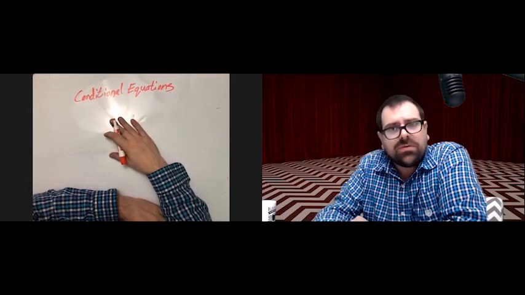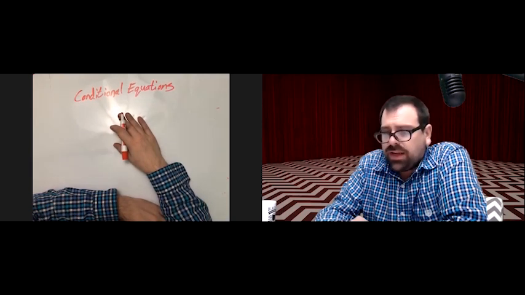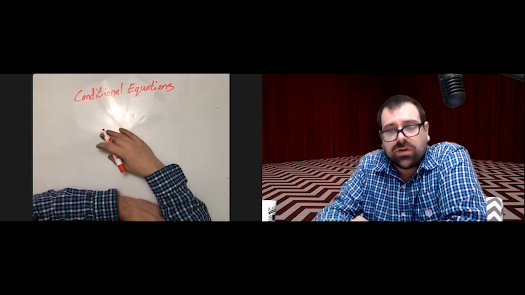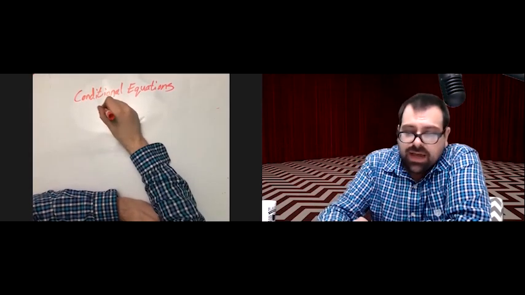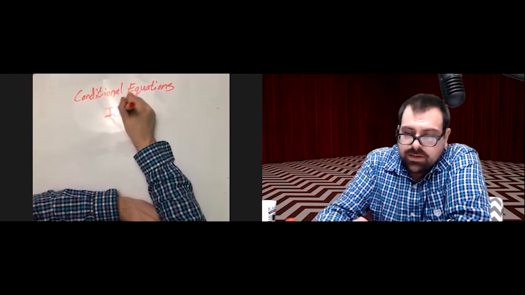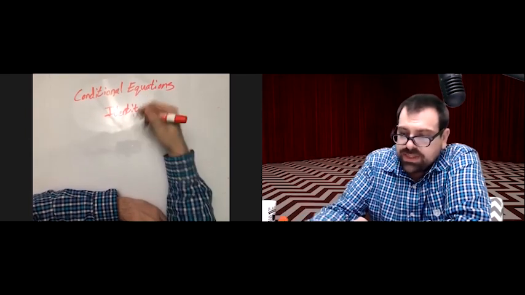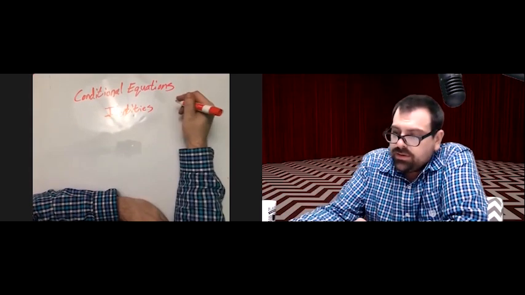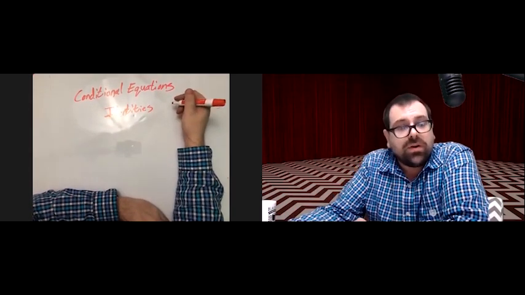We don't do any of those in this class. But there's a small finite number of answers to the equation, and those have to be what the variables are, or it's not true. Now we have identities. Those are ones when we get a true statement at the end with just numbers, and they are always true. So all real numbers.